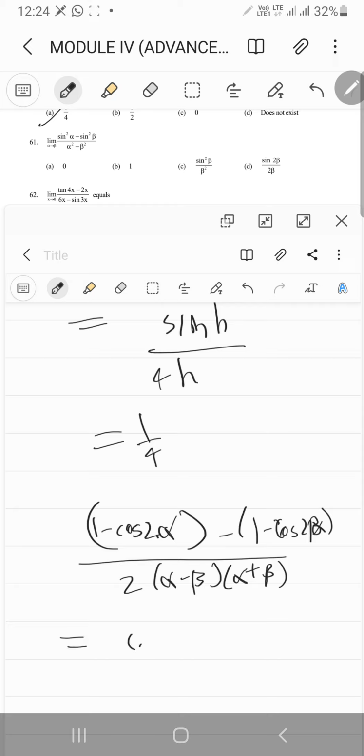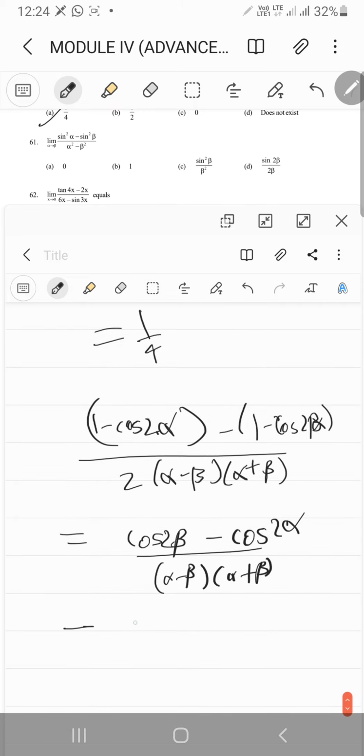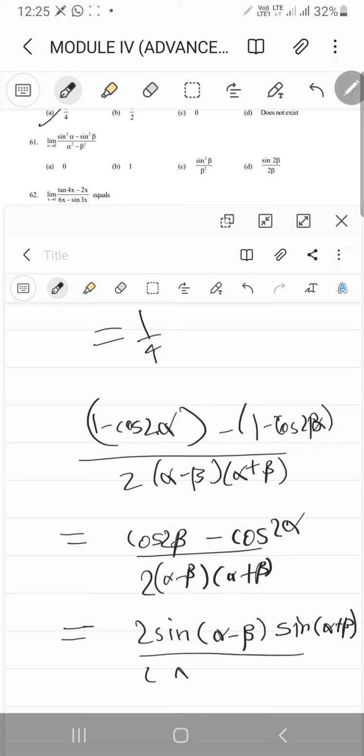which is basically cosine 2 beta minus cosine 2 alpha upon 2 into alpha minus beta into alpha plus beta, and then this is just 2 sine of the reverse difference, which is 2 alpha minus 2 beta upon 2, so it should be alpha minus beta, and sine of the sum, which is alpha plus beta, upon 2 into alpha minus beta into alpha plus beta.